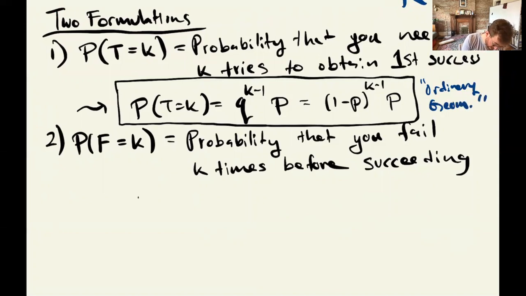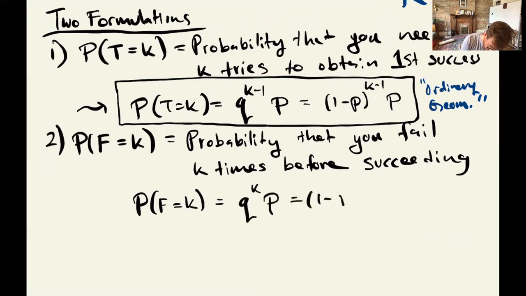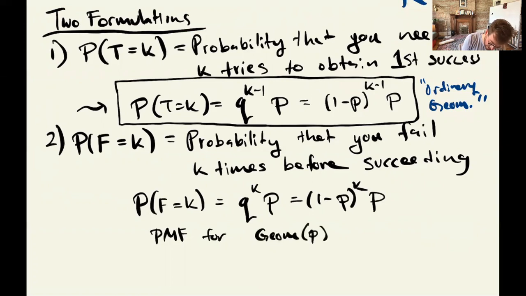Here we have something that's a slight variation on that, which says that you have to fail k times and then you succeed. So it's q to the k times p, which equals 1 minus p to the k times p. And so this is sometimes just called the PMF for the geometric p distribution.